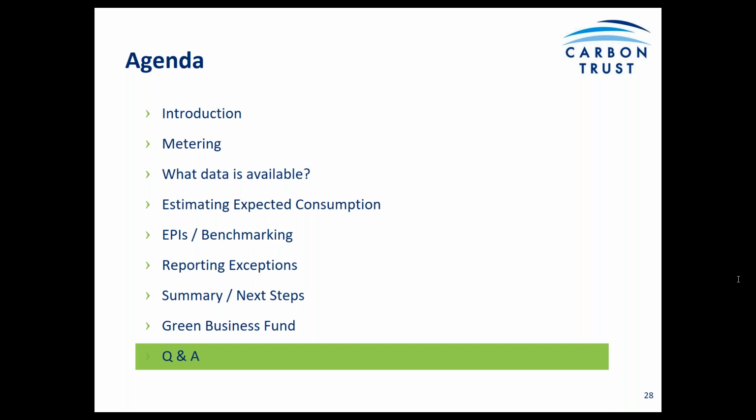And then we may look at slightly longer payback measures, so things like replacing heating and cooling equipment, or even upgrading heating and cooling controls, through to things like renewable technologies.